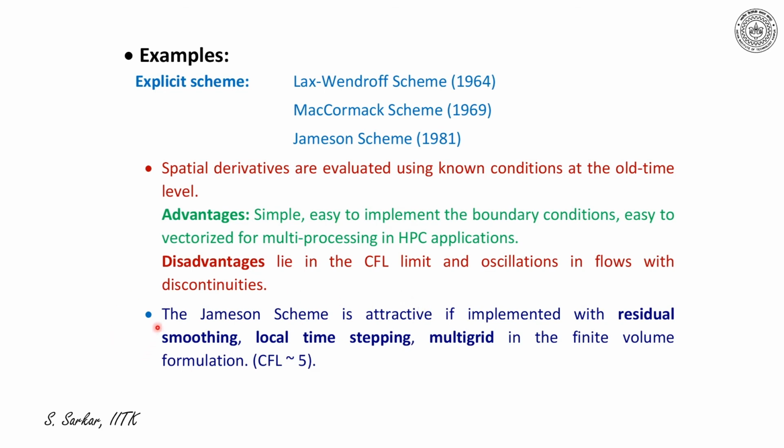In this regard, I would like to mention the Jameson algorithm, which is very attractive if implemented with residual smoothing, local time stepping, and multigrid in the finite volume formulations, where the CFL restriction can be broken, and even for 3-dimensional flow, the CFL can be raised up to 2.5, which is a big advantage.